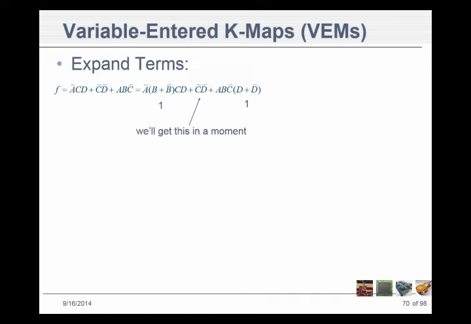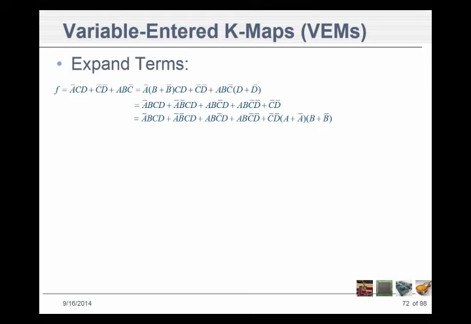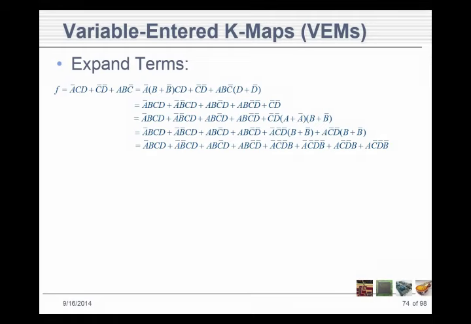So we get A naught, B, C, D, and A naught should be not A, not B, and C, D. Now, I'm skipping the middle one for right now, and I'm ANDing the last term with D or D naught so that I could bring it into it. And I come up with that, and then I take the C naught, D naught, and expand that out, and I end up with a bunch of hokum. Hokum, yes. Because there was no reason to do this.